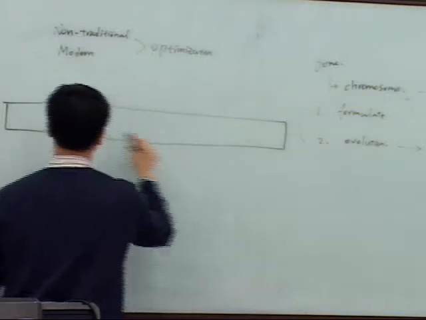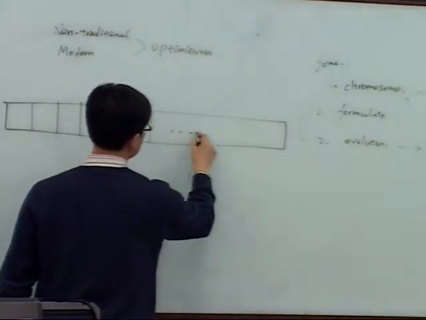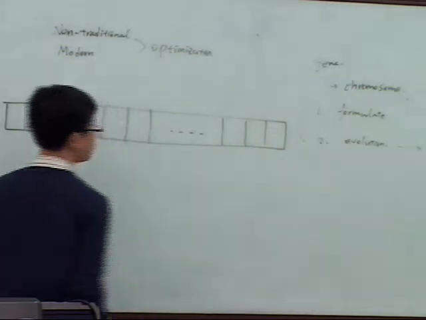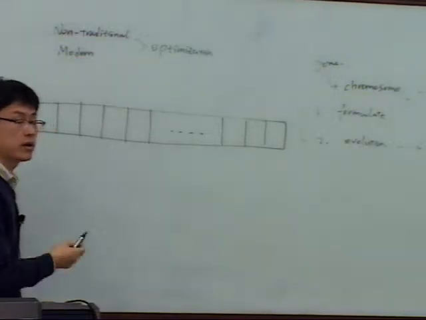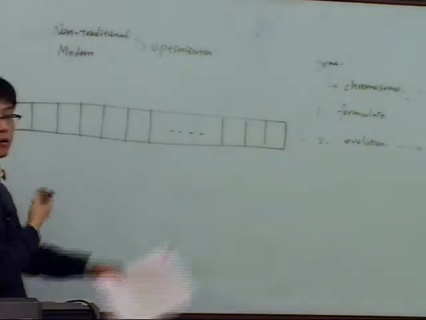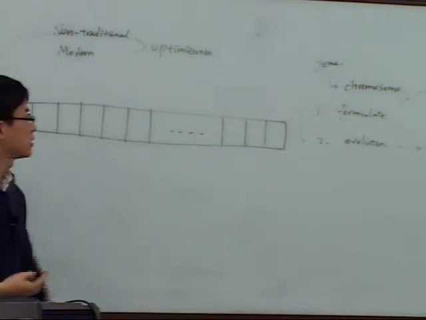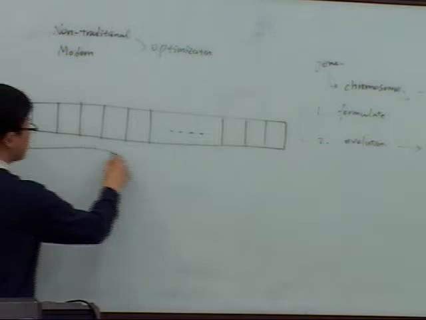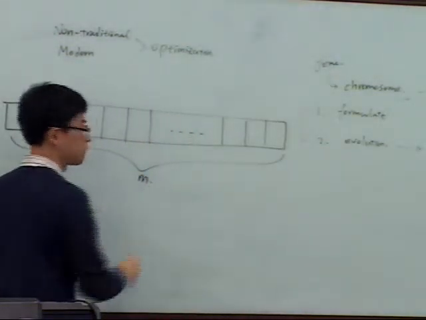So let's say this is chromosome number 1, and it has an array. It is an array or a vector, I mean, in terms of computer programming, with size of m.